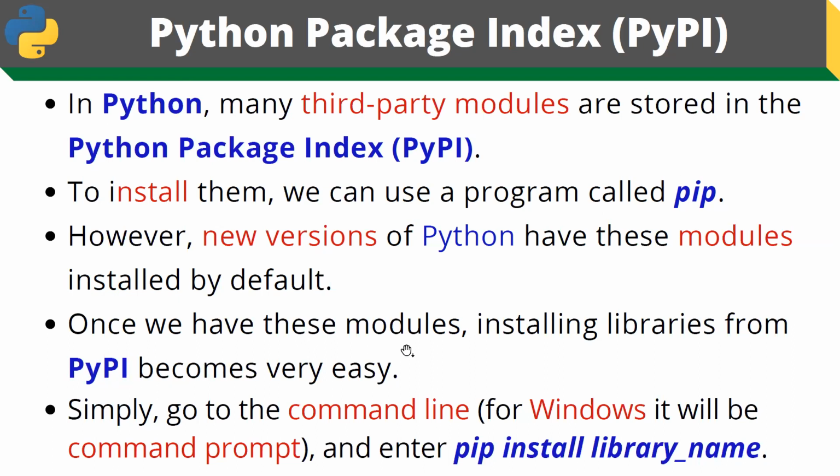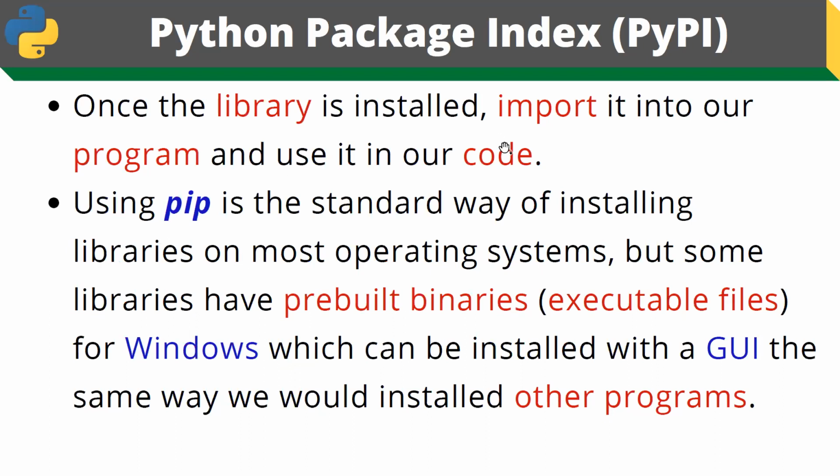PyPI becomes very easy. Simply go to the command line, for Windows, for example, the command prompt, and enter pip space install space library name, whichever library you want to install. It's very simple in the command line. Once the library is installed, import it into our program and then use it in our code.